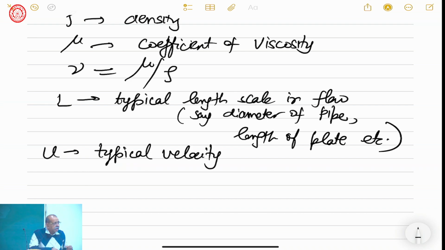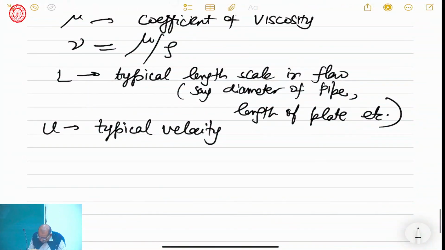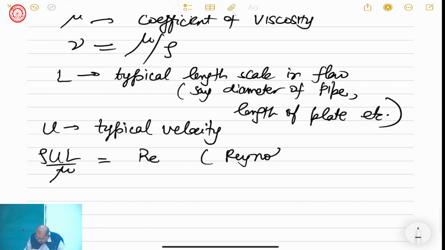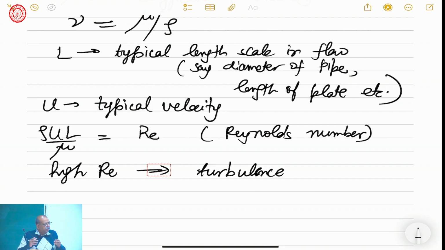Now once again, in the flow in a pipe, the velocity will not be the same everywhere. So you may take it as the center line velocity, or you may take it as the average velocity. And what you find is that this UL upon nu, or rho UL upon mu, this is what we call Reynolds number, and high Reynolds number implies that the flow becomes turbulent.